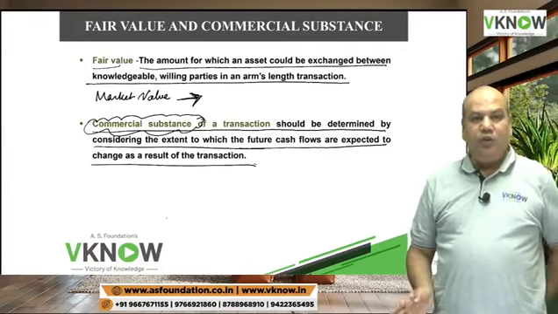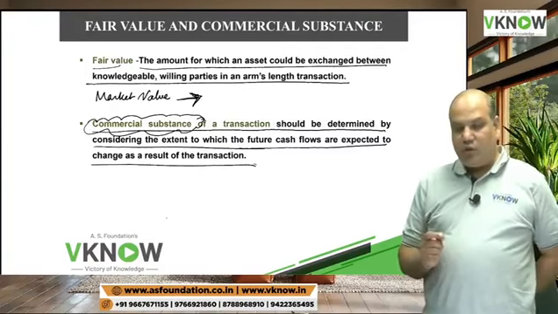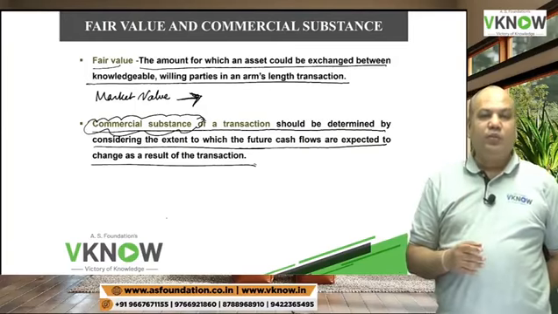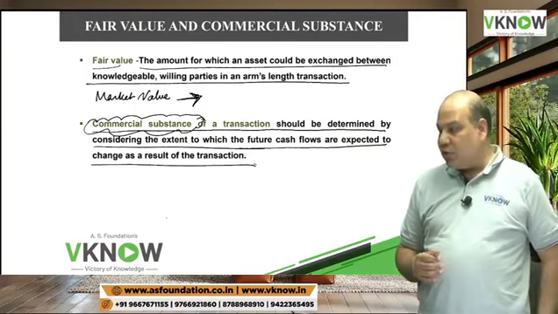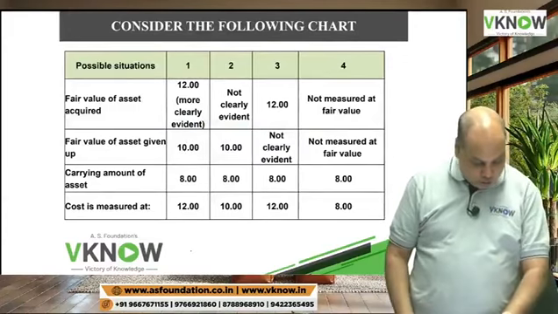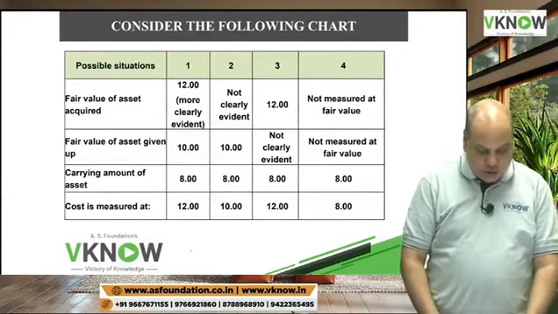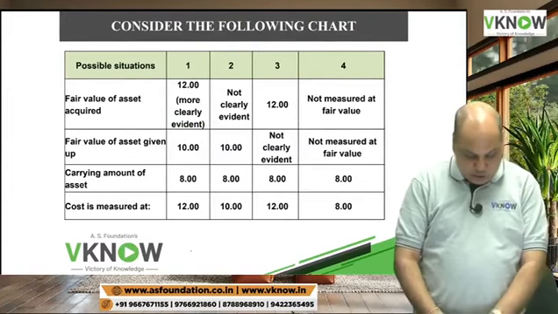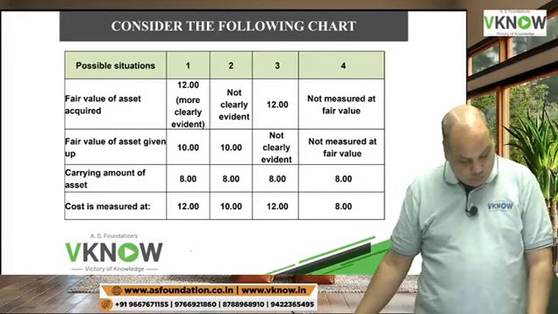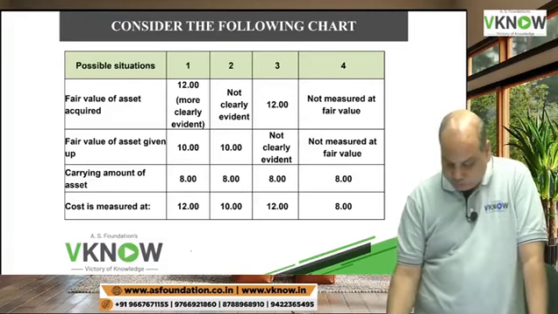But if I give a laptop and get a scooter, this will affect my future cash flow, and then I will say the transaction has commercial substance. In order to understand this point very clearly, let us look at this small table given to you. This is printed in your book.